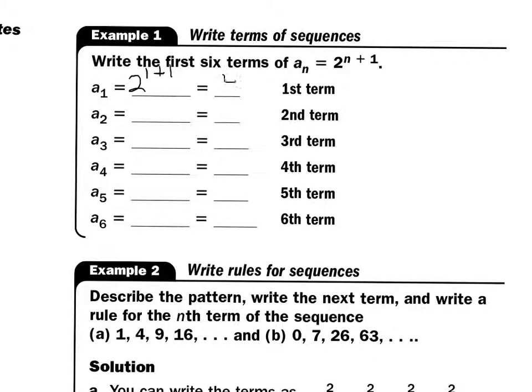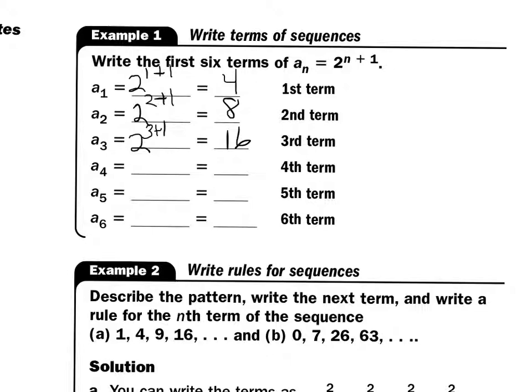That would be 4. Second position would be 2 to the 2 plus 1, or 2 cubed, which is 8. Third would be 2 to the 3 plus 1, which is 2 to the 4th, 16. And you can get the rest of it from there, can't you?